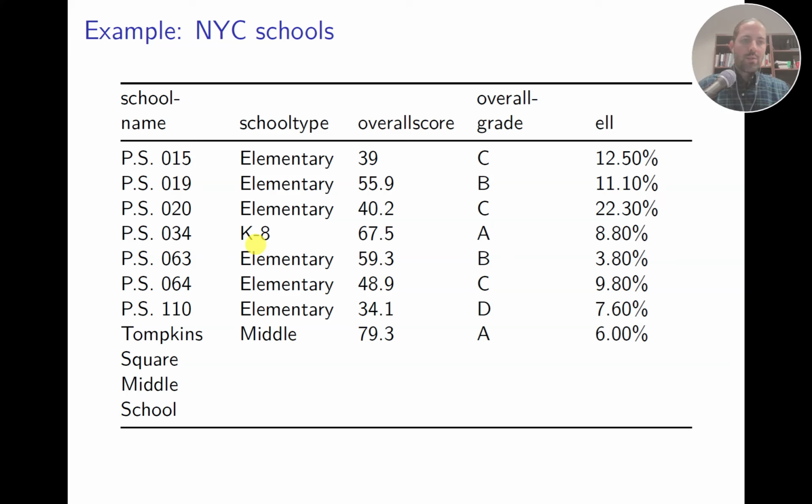But those 1s and 2s and 3s are just arbitrary numbers that were assigned to these different qualitative values. And so it wouldn't really be a quantitative variable. It would just be stored in a quantitative format because the numbers assigned to the values would be arbitrary. We could have easily assigned different numbers. We could say that middle schools are 1s, that elementary schools are 2s, and that K through 8s are 3s, for example.